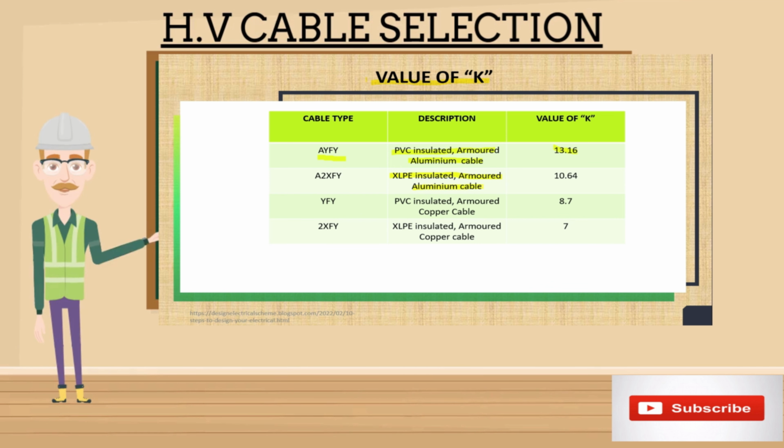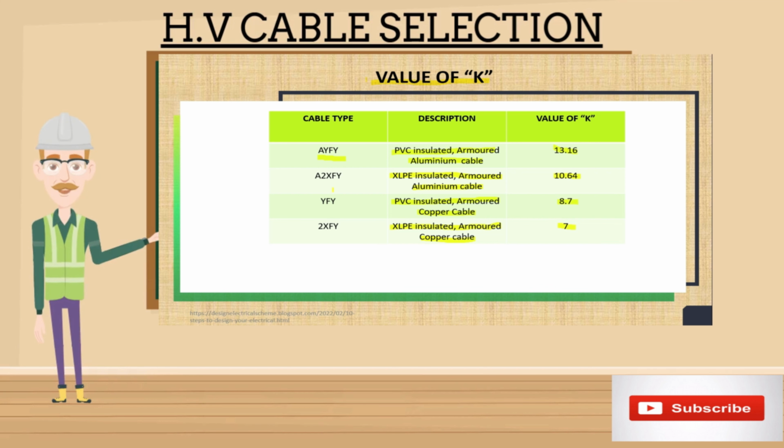The value of A2XFY cable is 10.64. Another type is YFY cable, which is PVC insulated armored copper cable. The value of YFY cable is 8.7. And the final type is 2XFY cable, which is XLPE insulated armored copper cable. The value of 2XFY cable is 7.